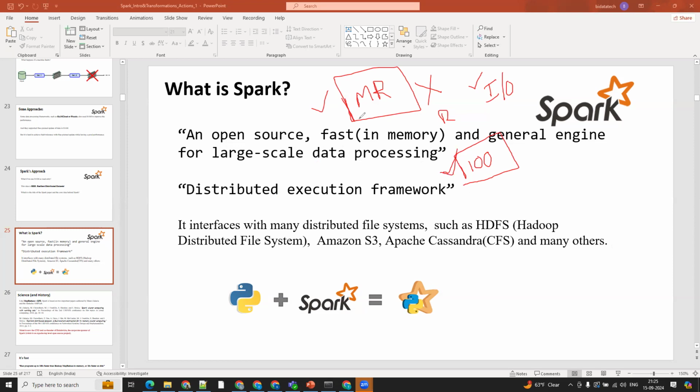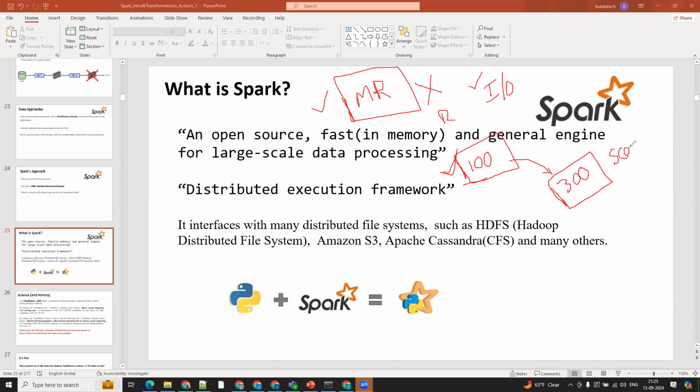Shiva, in MapReduce programming, they used to use the Java language to write the code, right? Now, what is the language we have to use here? Like in Spark, guys, I told you it was just 300 lines of code when it came into the market. You know, in which language they built this framework?